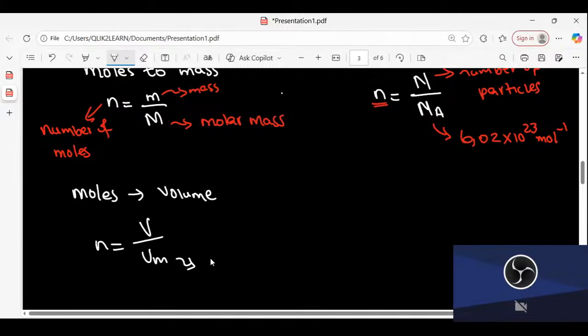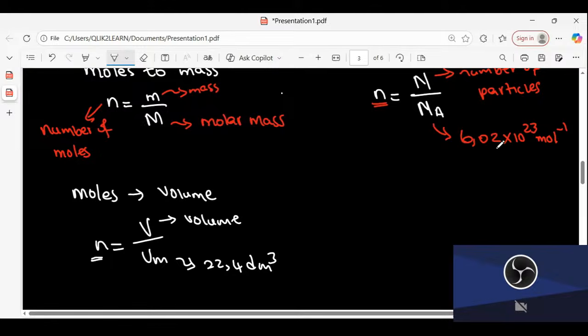It's given as what? It's always 22.4 decimeter cube, and this will be your volume, and this will be the number of moles. I'm not going to write that again.